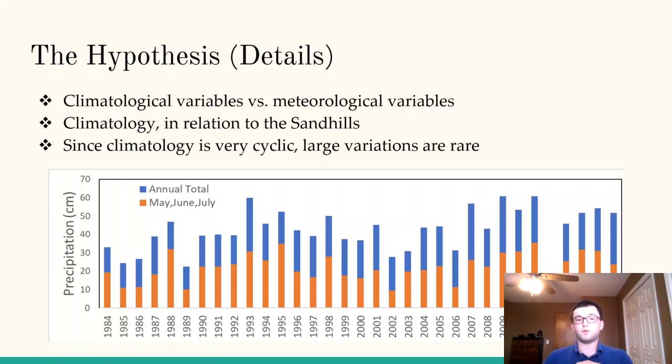And in 2012, as you can see on this graph, there is a large drop in this average. Since climatology is very cyclic, large variations like this huge drop in 2012 are rare. So we really wanted to investigate this and see what was happening and how some of the vegetation responded to this drastic change.